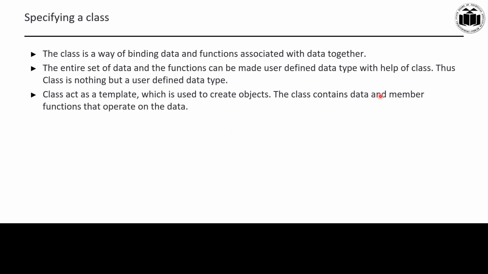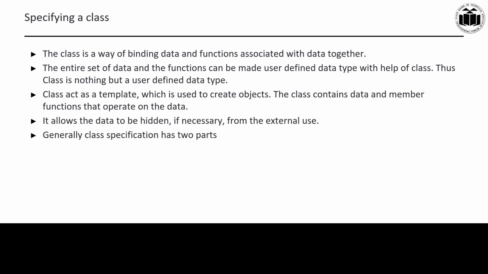So class contains data members and member functions, and member functions operate on the data. For example, class student, having data members student name, student roll number, student percentage, and member functions can be get data and show data, which will access the data.